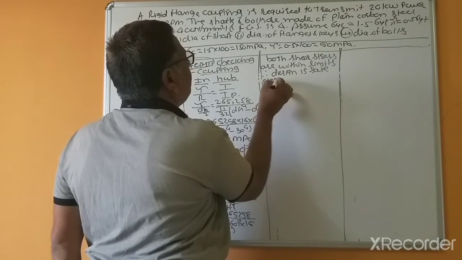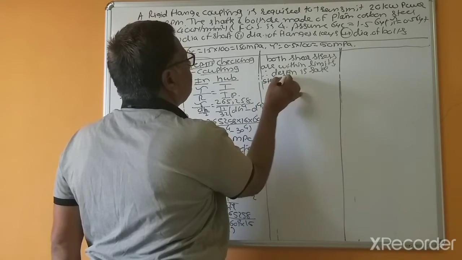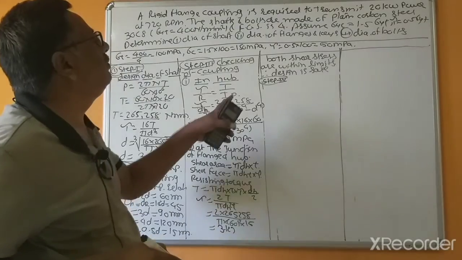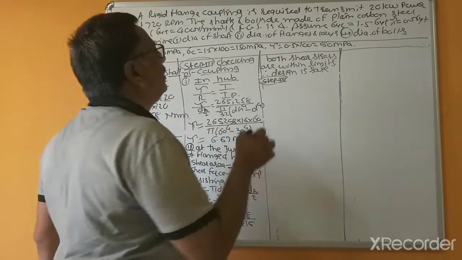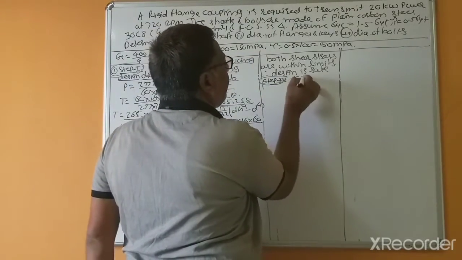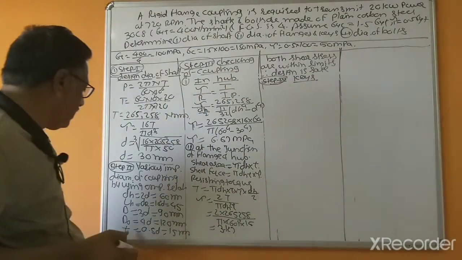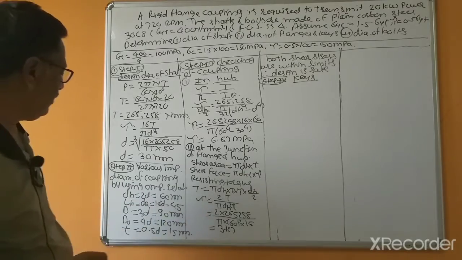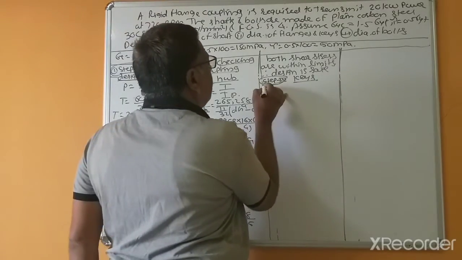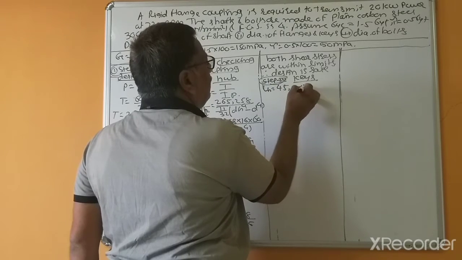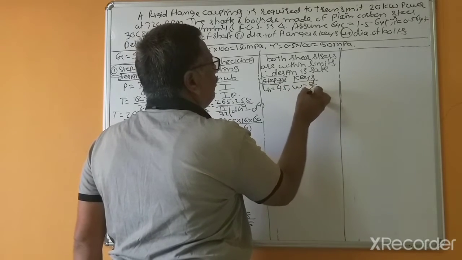Next is step 4. Diameter of the flange and keys, and now for keys. Here the important thing is the length of the key is 1.5 D, L equal to 45, width equal to D by 4.